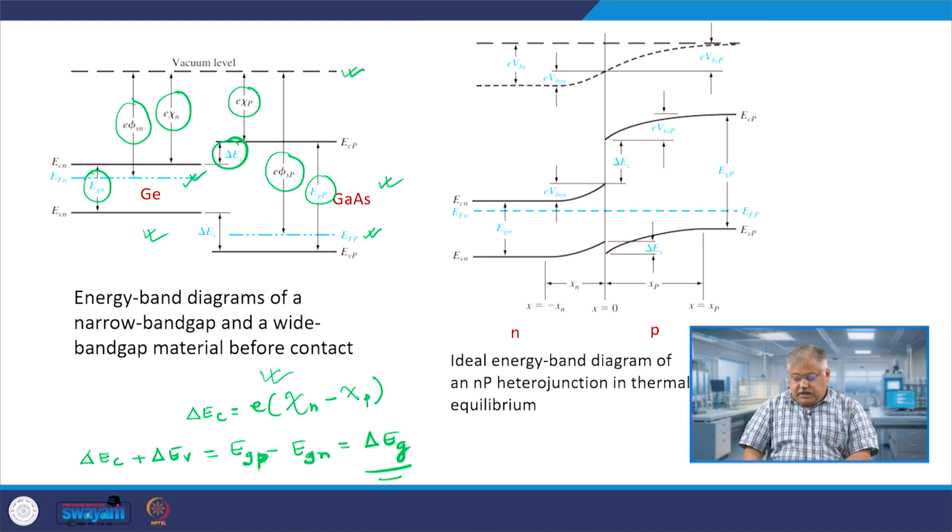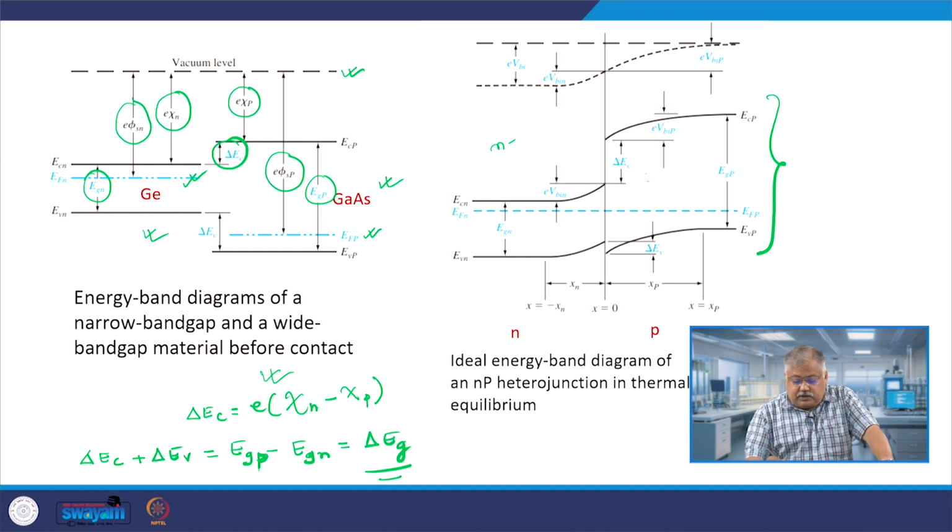Now, quite interestingly, we assume that whenever these two materials come in close contact with each other, which is the right hand side graph, I will follow what is known as the electron affinity rule, which means the electron affinity will remain the same across the board, there will be no change. With that into consideration, when you bring them together, on the gallium arsenide side the bands tend to go down near the interface, whereas for the n type semiconductor, which is germanium in this case, the bands tend to go up.